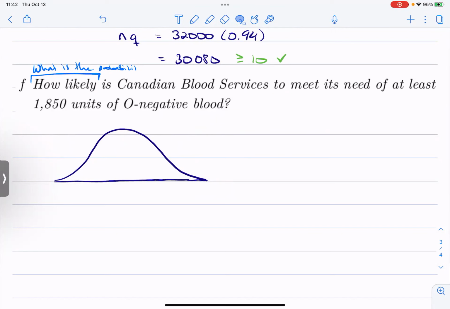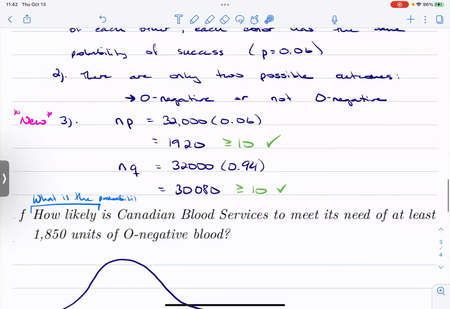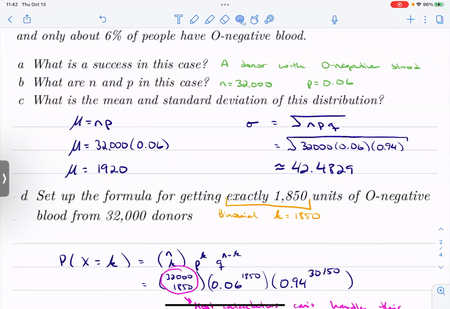And what I'm going to do, because it's so close, it's tomorrow, so I will explicitly say, use the normal approximation to find the probability of at least 1,850 units of O negative blood, for example. So I'll tell you when to use it. Then you're going to start with a normal distribution, and then we're going to jot down the mean and the standard deviation that we calculated earlier. Right, we found these guys, so I'll copy those.